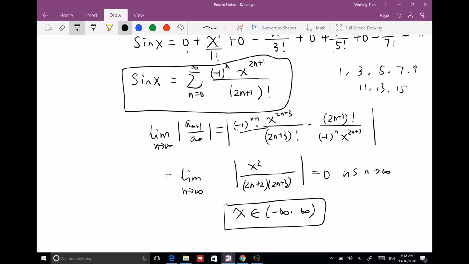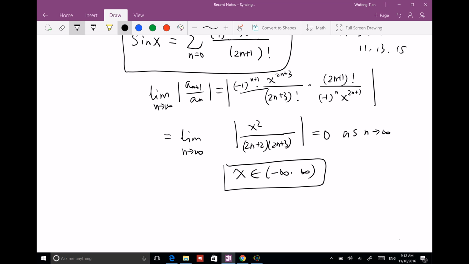Now I want you to do one by yourself. Example: find the Taylor series for f(x) equals e to the power x at c equals 1.